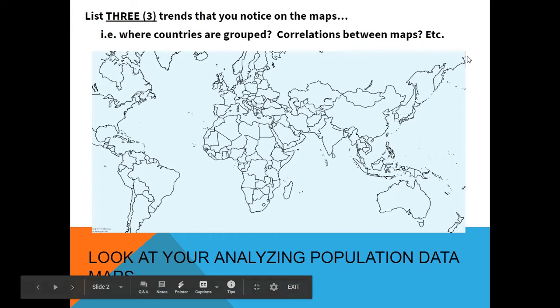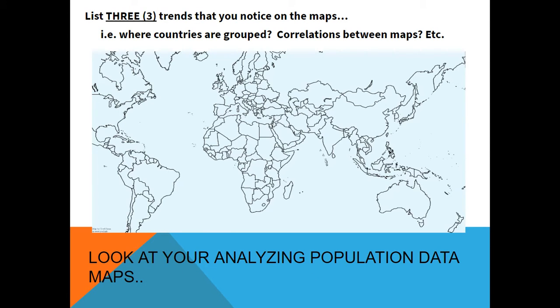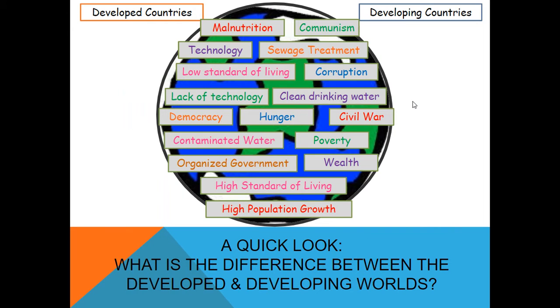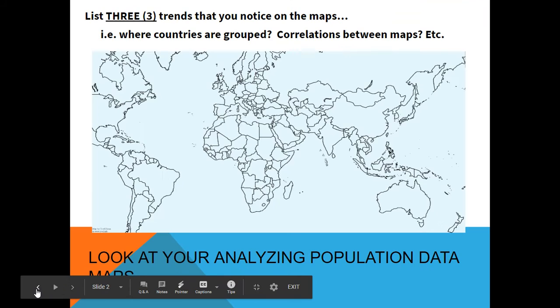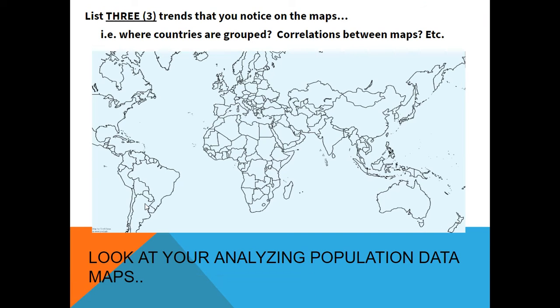And some of the things pop up. So when you look at this map here, think about some of the trends that you notice on the map. One of the trends that you should think about is when it says where a country is grouped, the correlation between the map. It says look at analyzing population data.